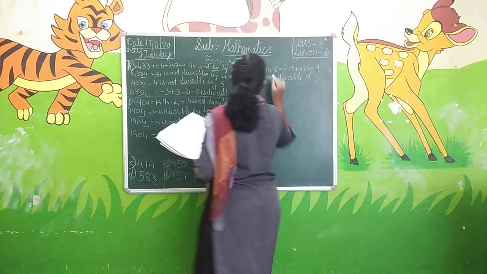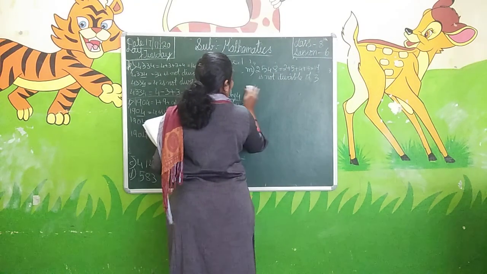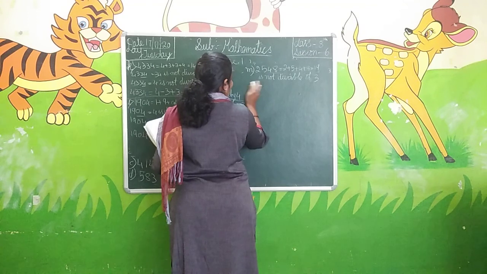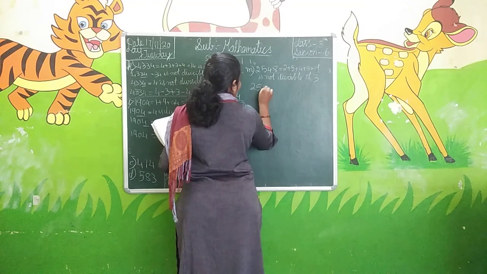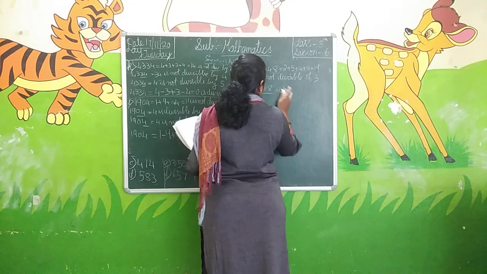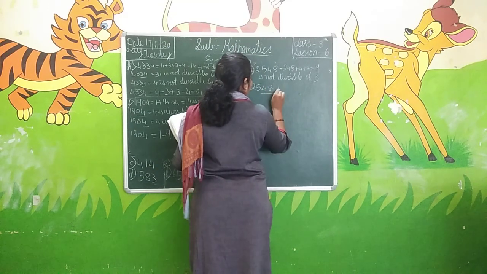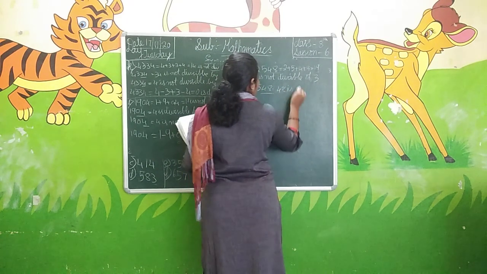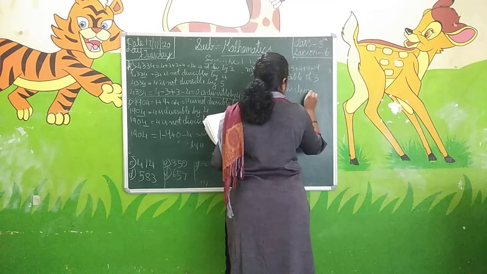When you come to the last two digits, 2548, 48 is divisible by 4.